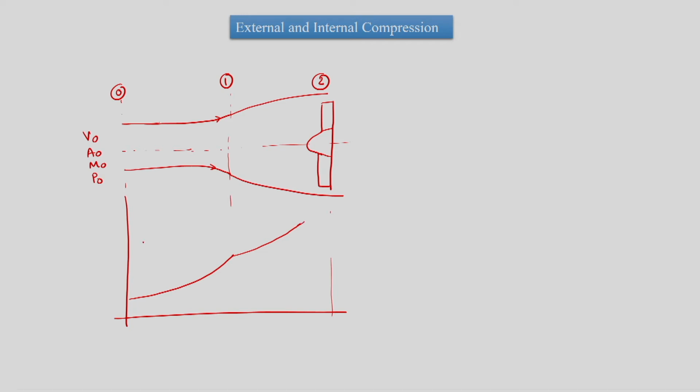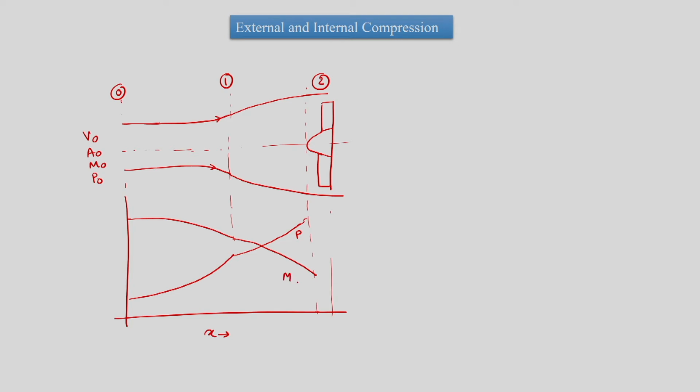fan. Similarly, in case of, this is for pressure. Similarly, in case of Mach number, this is x, the Mach number is decreasing till section 1, and then there is a further decrement in Mach number till section 2.